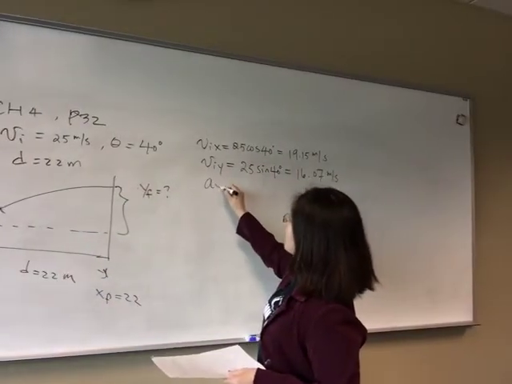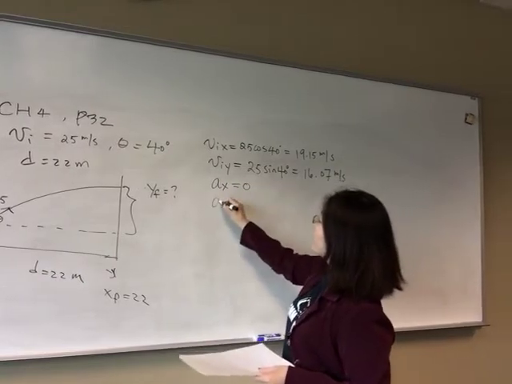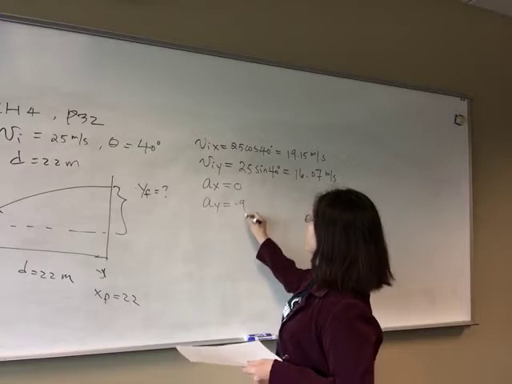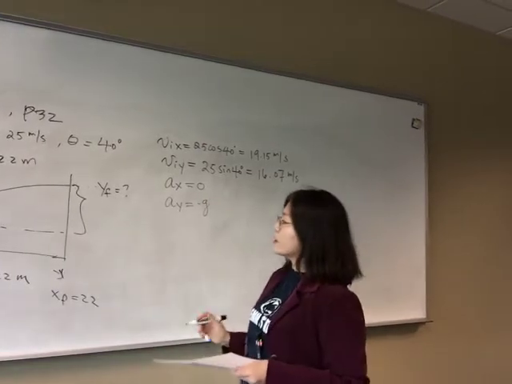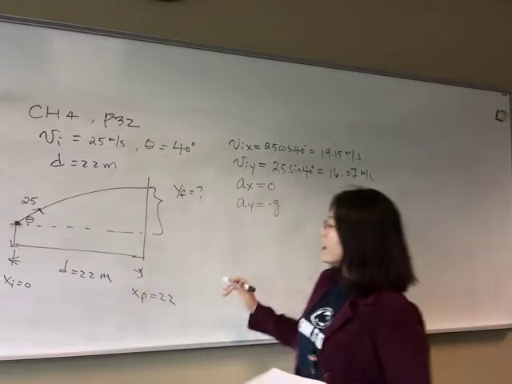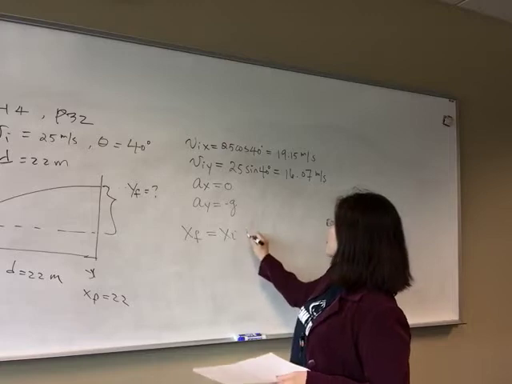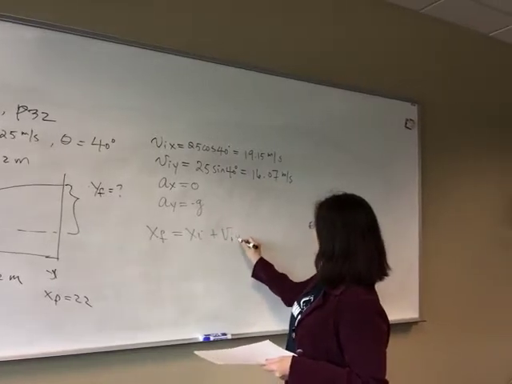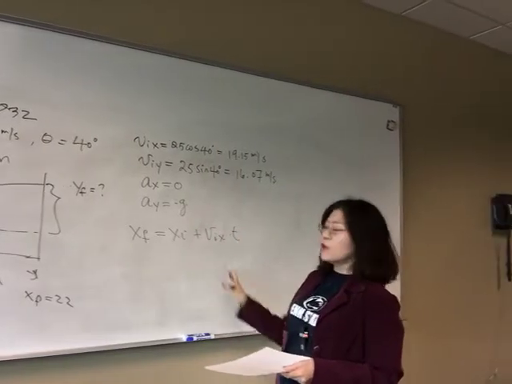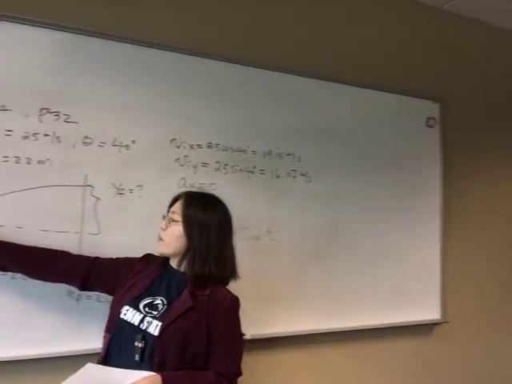Let me just say that the horizontal acceleration is 0 here, and the vertical acceleration is negative g, as you know. So we can directly use one of the equations from the horizontal direction: final position equals initial position plus initial velocity in the horizontal direction times time.